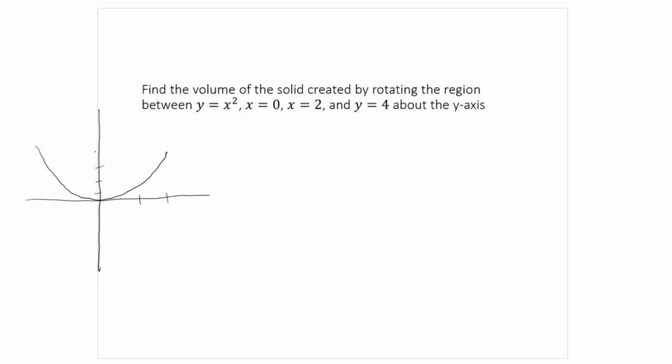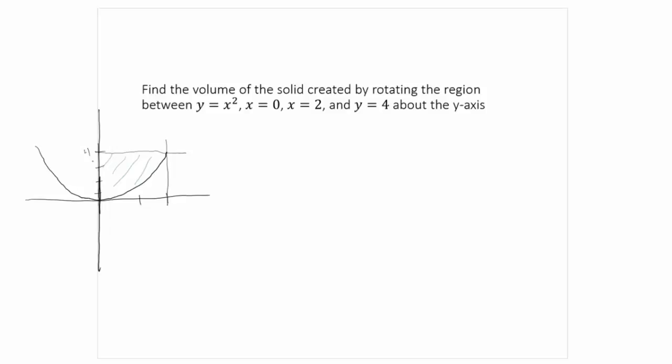All right, so let's make that 4. So x equals 2, y equals 4, x equals 0. So we're talking about this region right here. And we're rotating that about the y-axis.